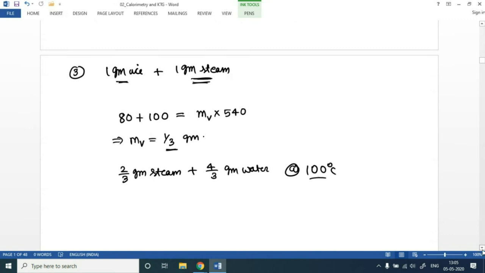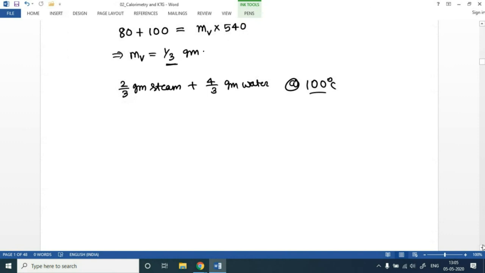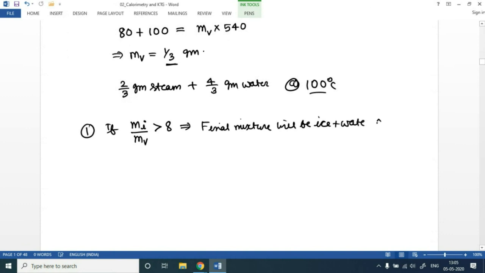So basically the idea here is one tip I want to give you. For example, if the mass of ice by mass of water vapor, mi by mv, is greater than 8, then the final mixture will be some ice that would be left unmelted plus some water, and that would be at 0 degrees Celsius.